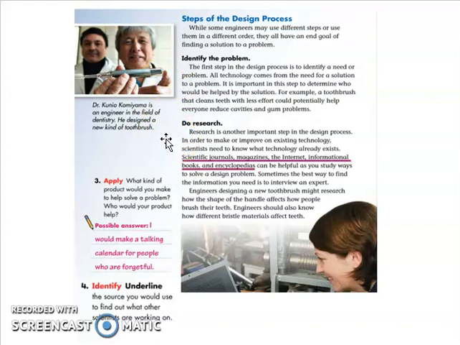Remember we had a conventional toothbrush before, the old style, the manual one you use to brush your teeth. The one that you usually buy in the supermarket is a conventional toothbrush. But Dr. Komiyama invented an electric toothbrush which makes our brushing easier.